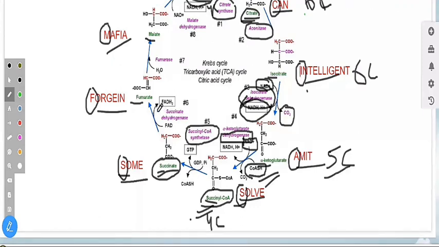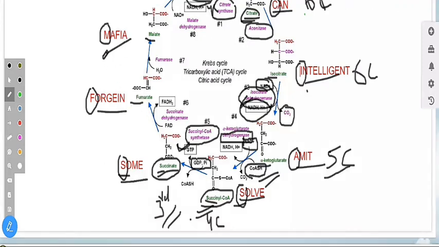Now GDP and an inorganic phosphate combine together to form GTP. This is the third step of substrate level phosphorylation. We will discuss phosphorylation in our upcoming video.